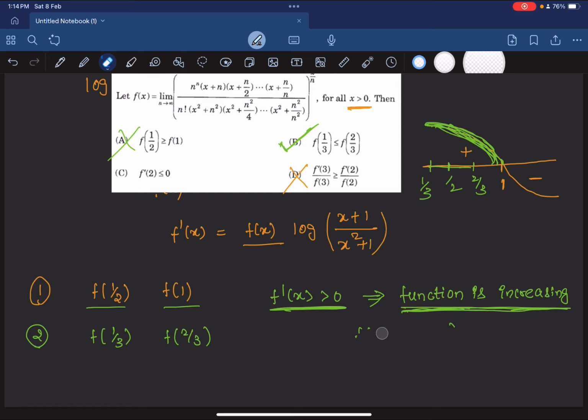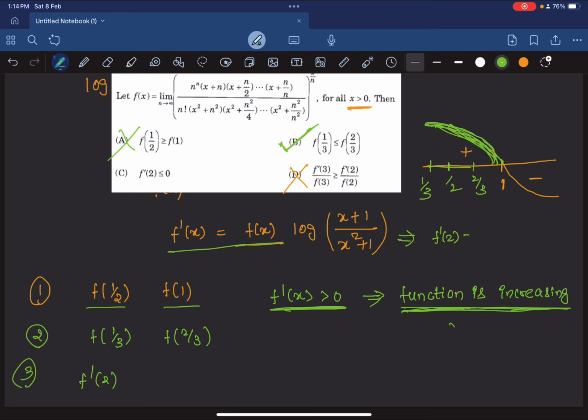Next, the third option is f'(2) less than 0. Let us check what f'(2) is from this. f'(2) is equal to f(2) times this quantity. We know f(2) is positive. In the beginning of the video, we derived that f(x) is positive.